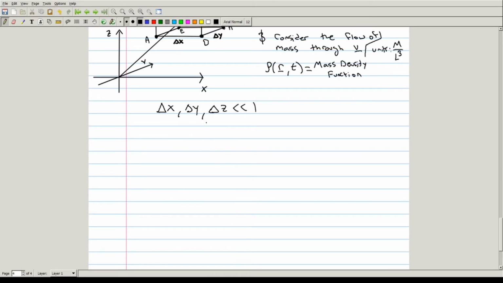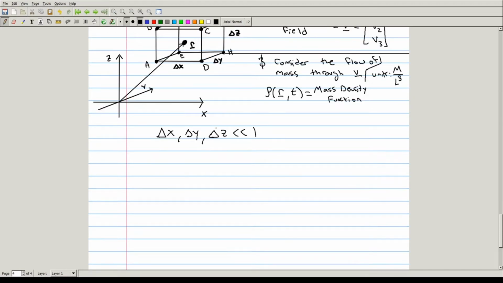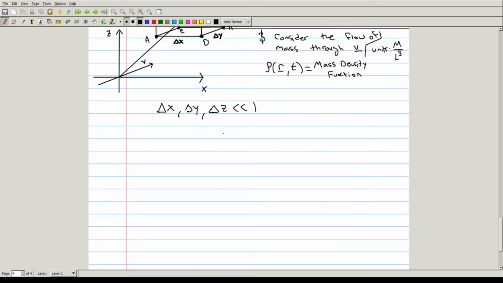Because it's so small, as long as the vector field is smooth enough around this point, as we get smaller and smaller with the cube, we can get a nice approximation.